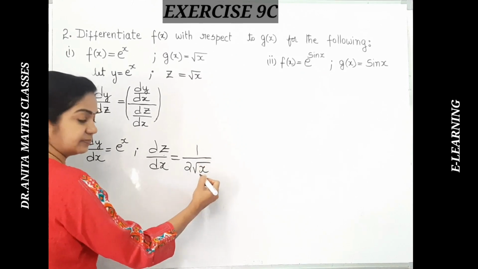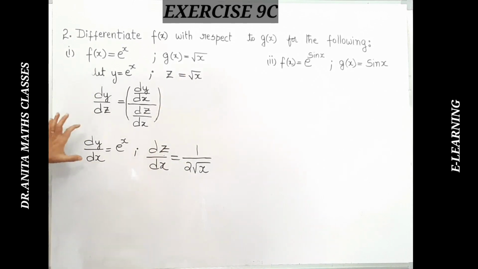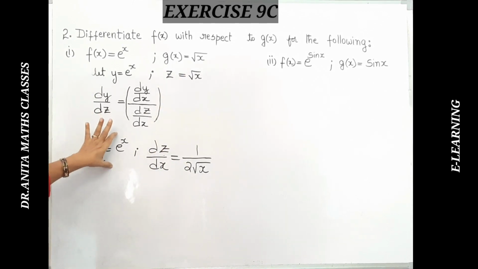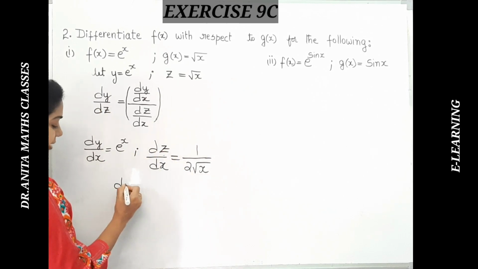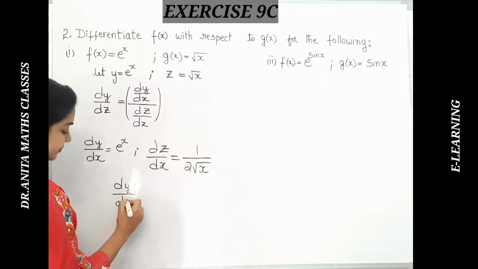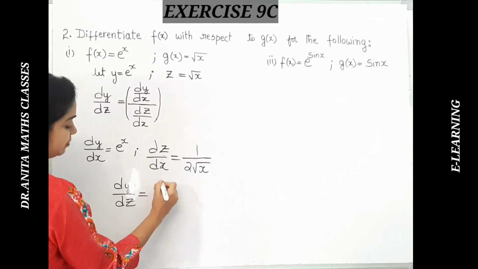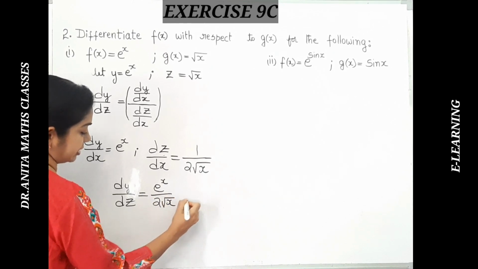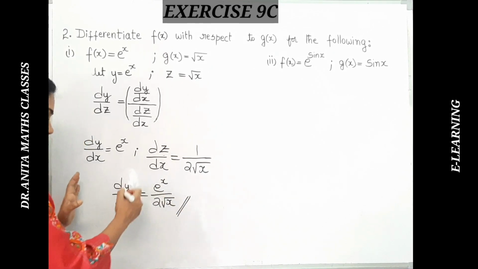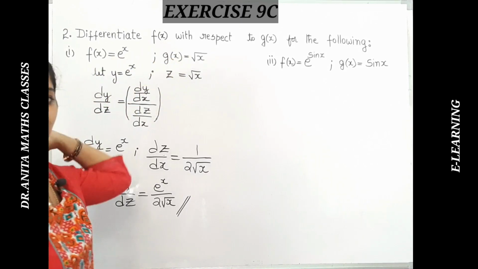This is the differentiation of the z function with respect to x, and the differentiation of the y function with respect to x. Now, we need to divide both of them to get dy by dz. So this is e raised to the power of x divided by 2 root x. This is the required differentiation of the first function with respect to the second function.